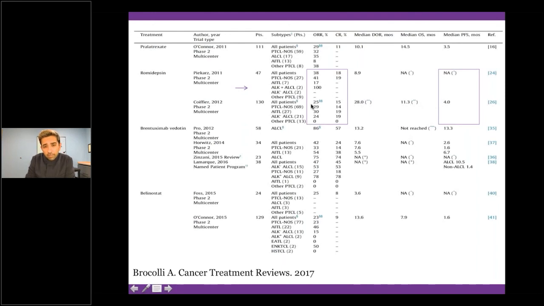And the response rates were dependent on what type of T cell lymphoma it was. But again, if you look at some studies which demonstrated a median duration of response of about 28 months for those people who responded. But again, the average time to recur was not that good.